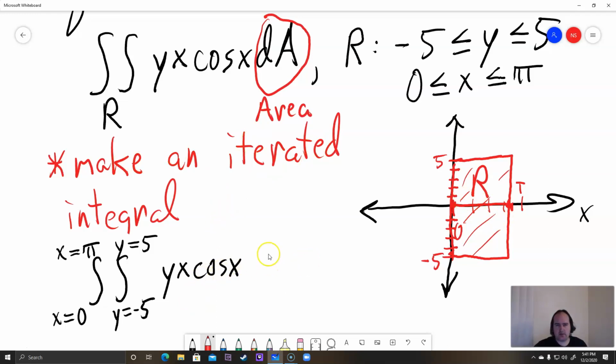Okay, and since our inner integral is with respect to y, we're going to write dy first, and then our outer integral is with respect to x. So we write dx for the outer one. Okay, so that takes care of this region because it's just a rectangle. And in fact, all the regions in this section are rectangles, which makes them pretty easy because you can just set them all up as iterated integrals on your homework.